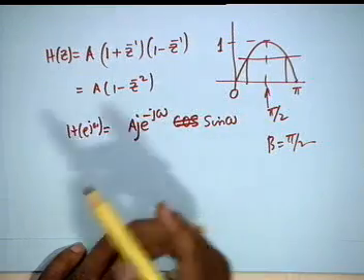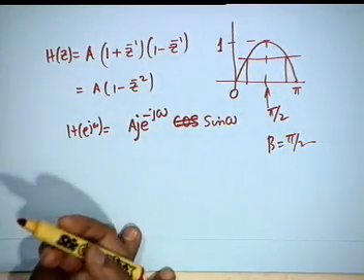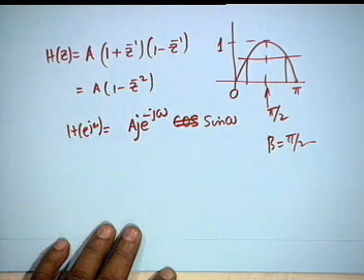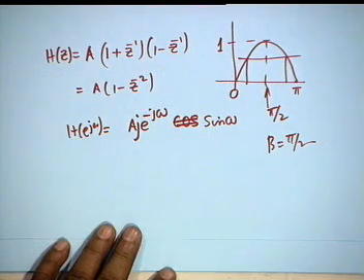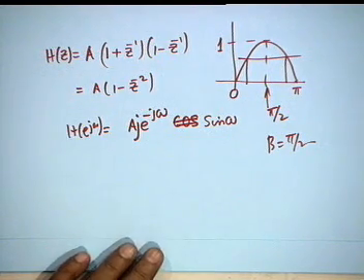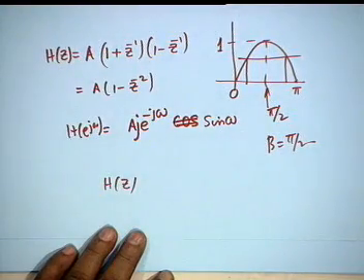Instead of sine omega, if I had cosine omega, then I have done the job. Cosine of 90 is 0, cosine 0 is plus 1, and cosine pi is minus 1. Agreed? So my H of z, oh, you did not tell me what this capital A should be.